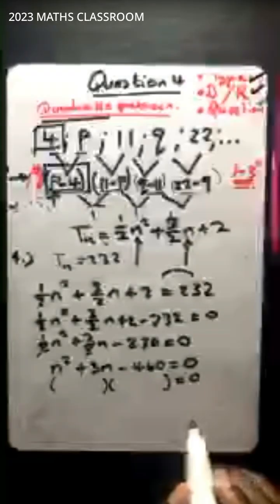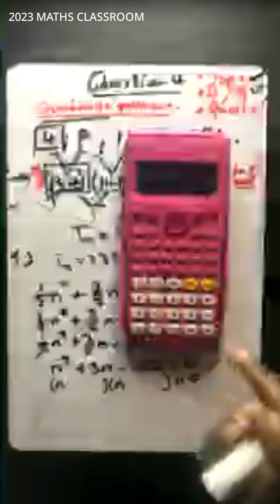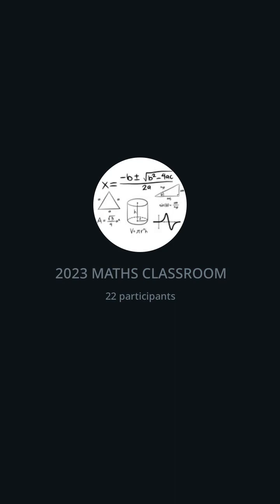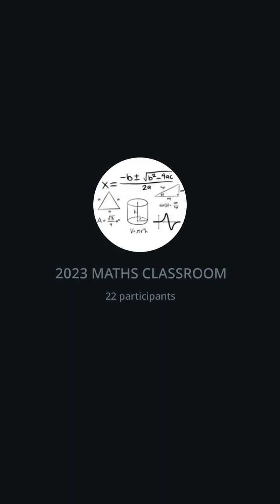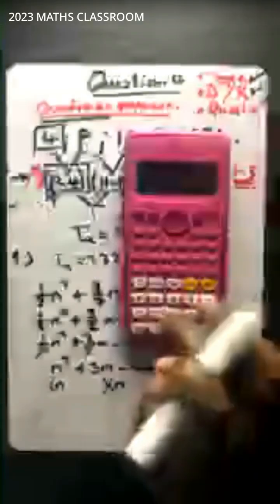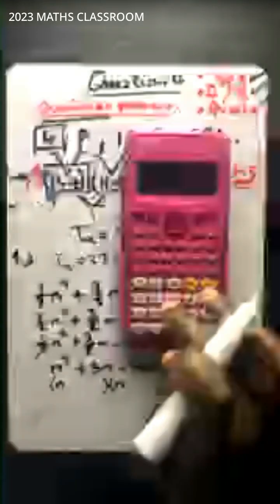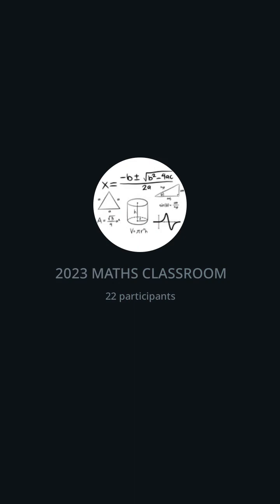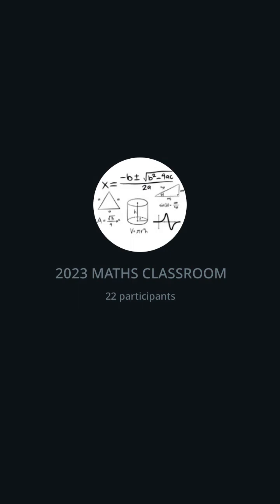Obviously, you're going to have n, but most importantly, in case you are dealing with complicated quadratic equations, remember at all times to use the quadratic formula, which is negative b plus or minus square root of b squared minus 4ac, our c being negative 460, over 2a, which is equal to 20. On the calculator it is positive 20, but inside the brackets you write negative 20.